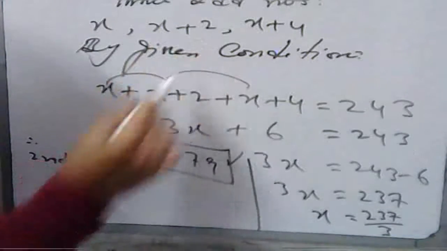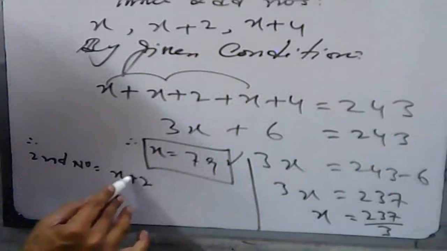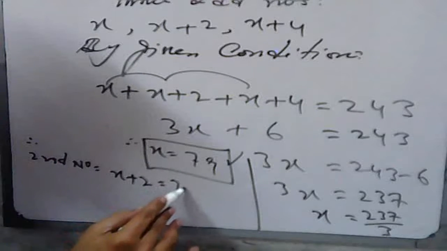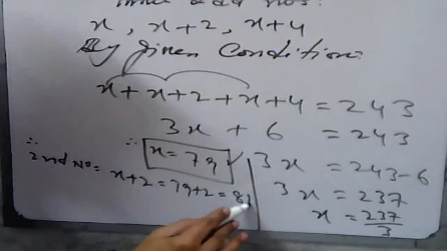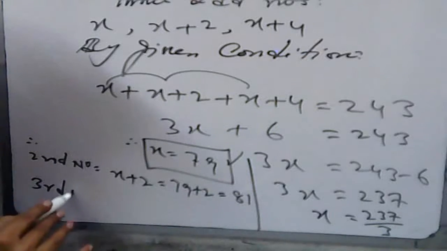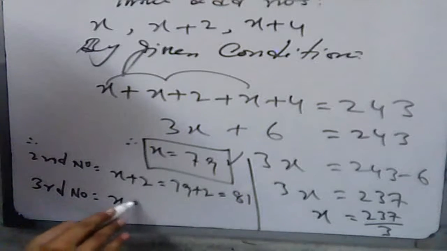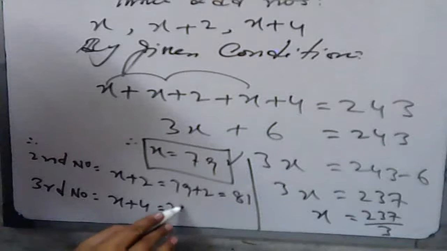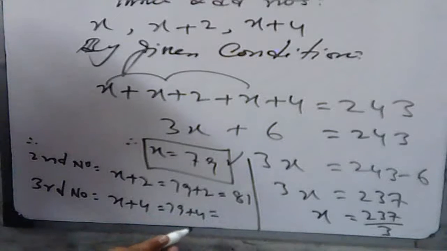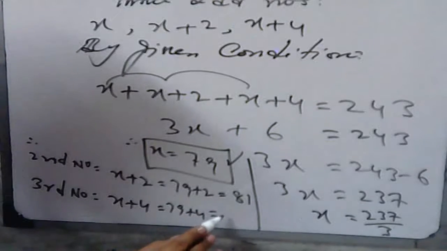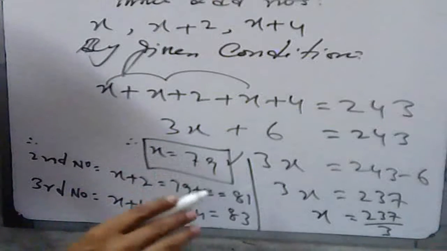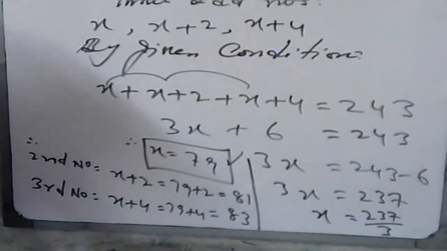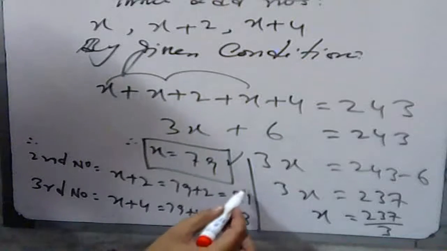The third number is x plus 4, 79 plus 4 is equal to 83. Now we have been asked to find the largest one, so you can notice here 79, 81, 83, so 83 is the largest one, so that is your result.